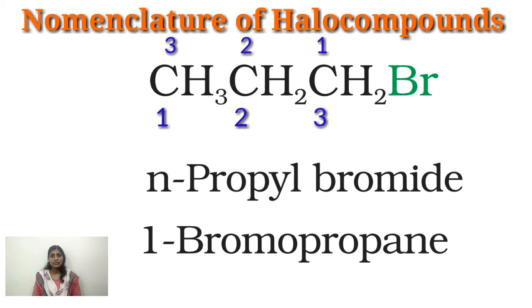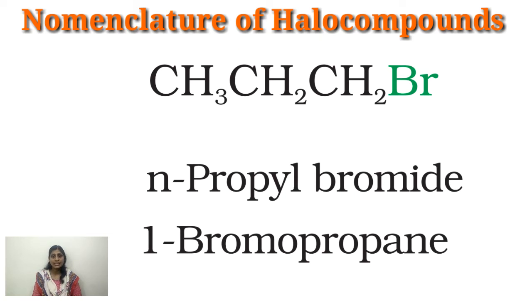If you start from the left side, you get the number 3 for the alpha carbon atom. If you start from the right side, you get 1 for the alpha carbon atom. So we have to opt for the second option, starting from the right side, so that you get the least number. So the compound is 1-bromopropane.